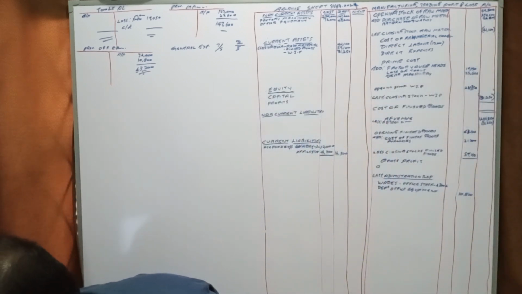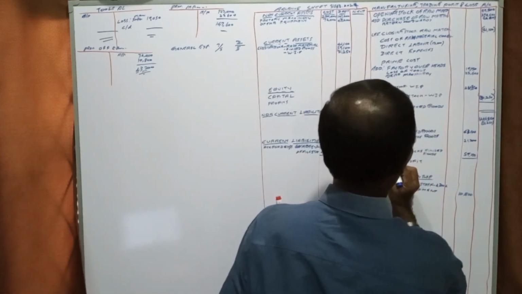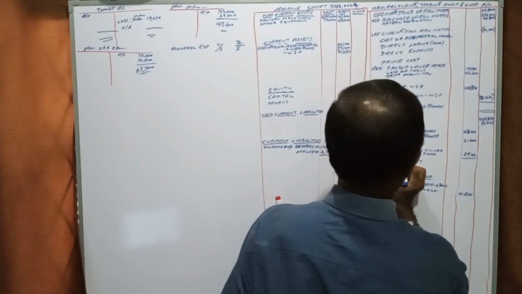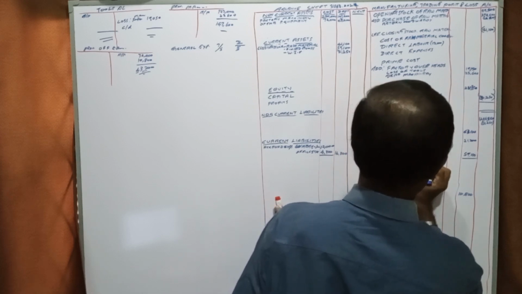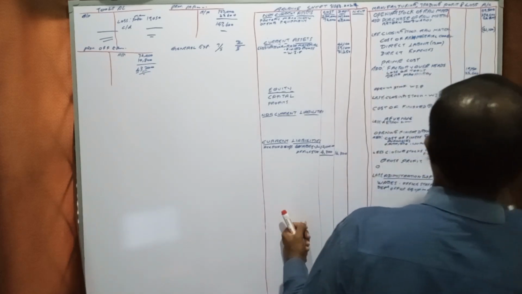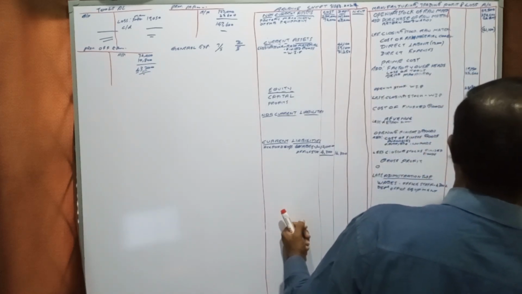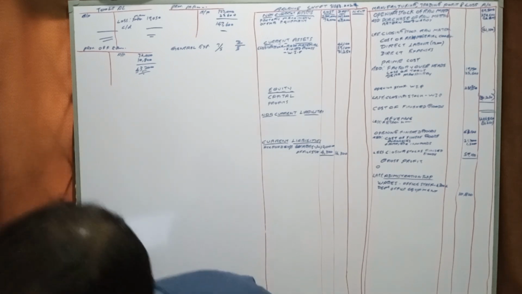And carriage inwards on purchase of finished goods, 1,500. And wages factory.